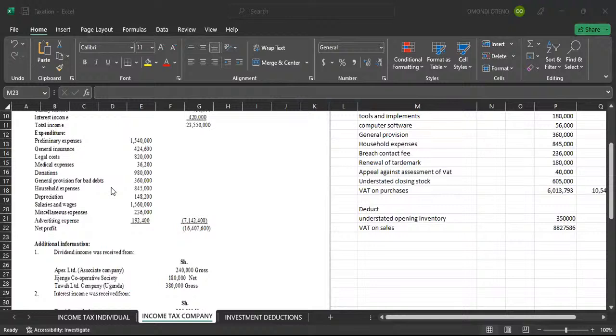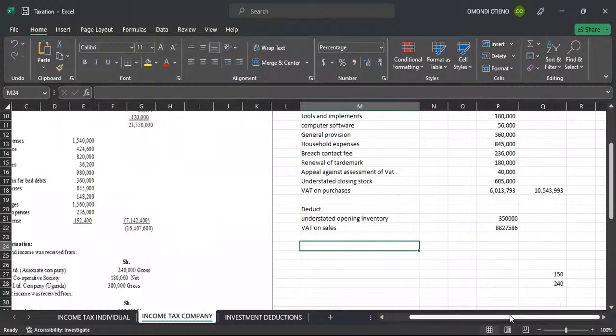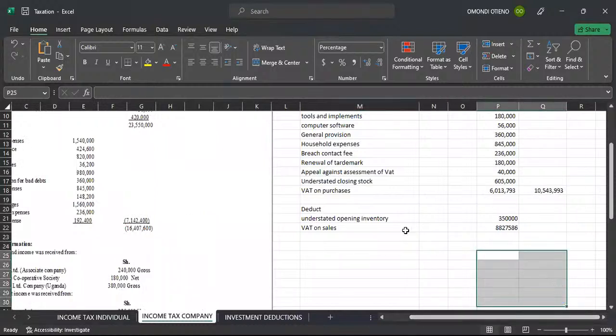So some people are asking me about the photocopying machine, which was given there. We said VAT on both purchases and sales is not supposed to be recognized as sales, and also not supposed to be recognized as expenses.